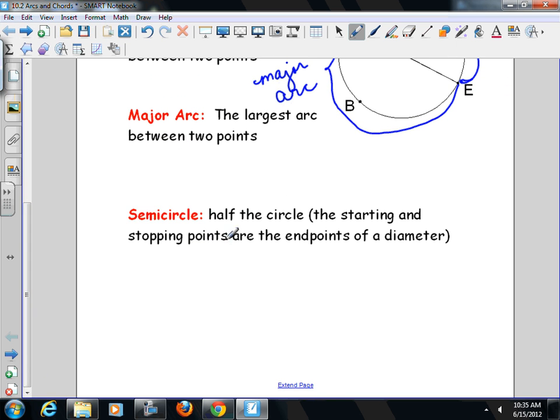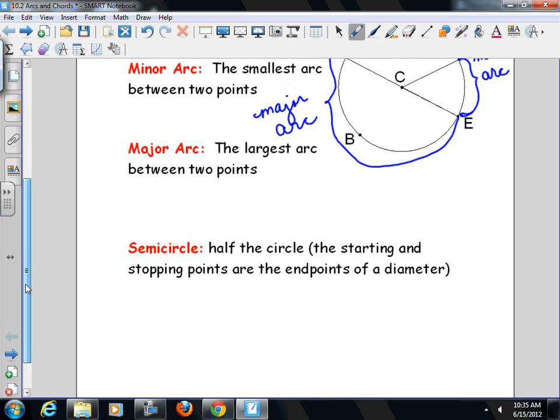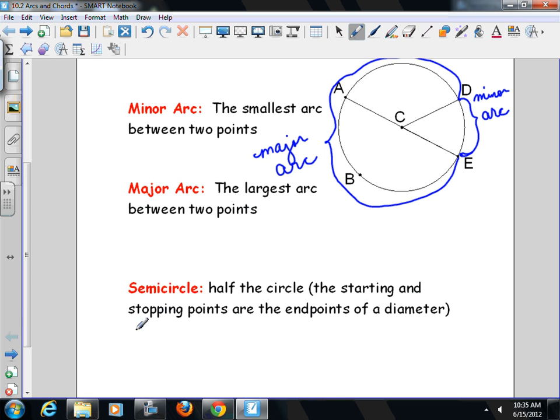Now, the way that we write how to find the measures of arcs. If we wanted, say for instance in this picture, to find the measure of minor arc DE, we would write that as the measure, and we would put the symbol for arc, which is actually a little arc.